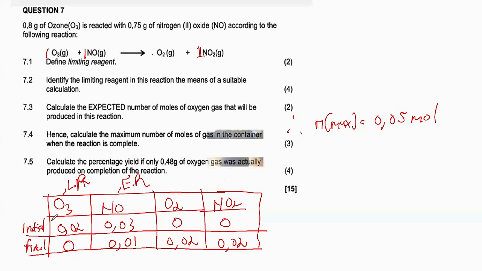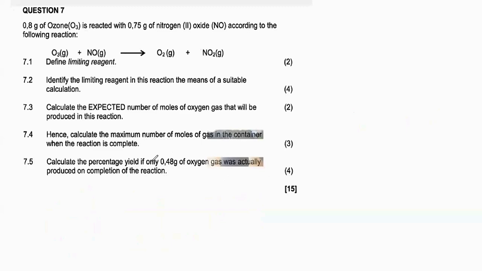Now, to calculate the percentage yield, it says calculate the percentage yield if only 0.48 gram of oxygen gas was actually produced on completion of the reaction, right? So percentage yield is equal to actual yield over theoretical yield, multiplied by 100.